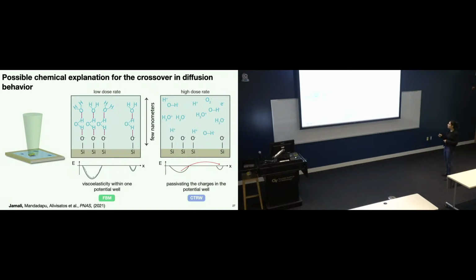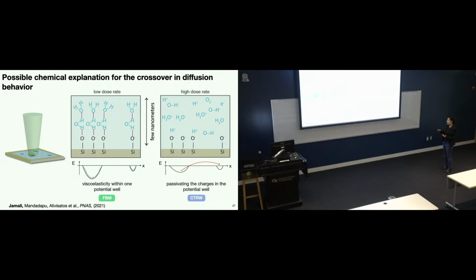But as you increase your electron beam dose rate, there is radiolysis in the liquid chamber of the liquid cell TEM. Because of that, you start to have these H+ ions that are formed, and they interact with the silanol groups and passivate some of them on the surface. When that happens, you have less interaction of the surface with your positively charged nanoparticles.